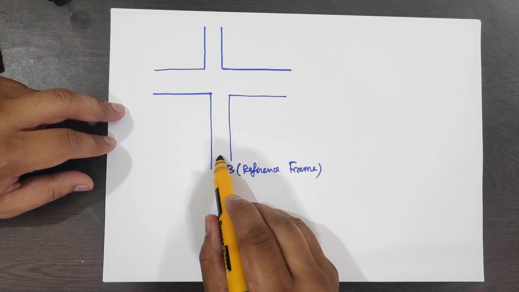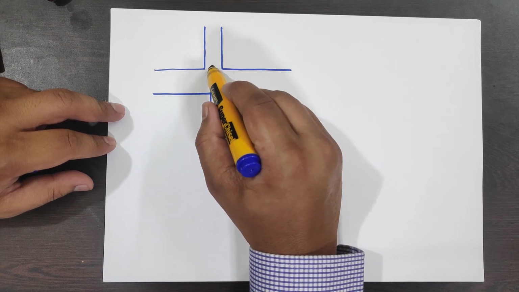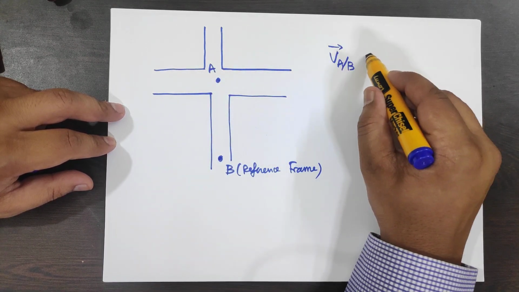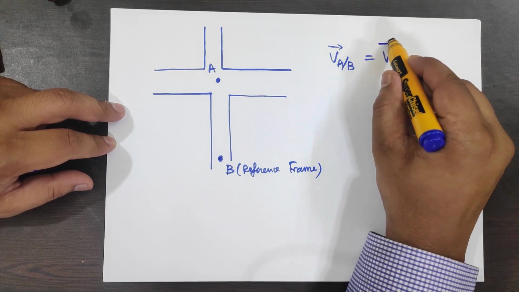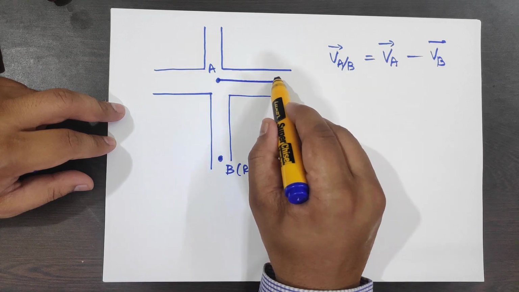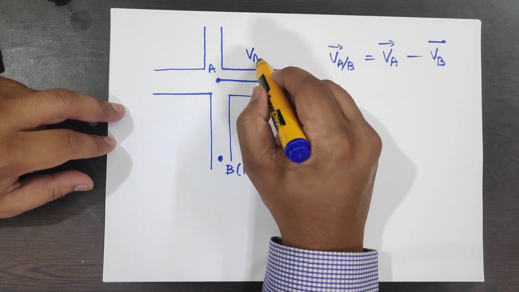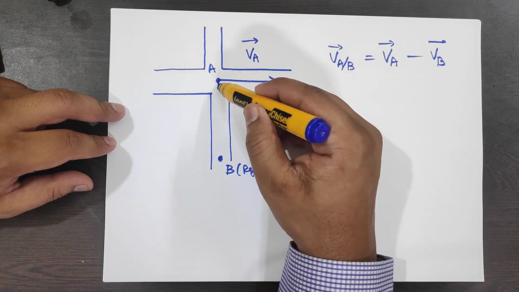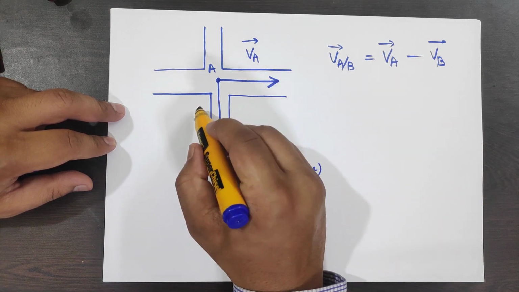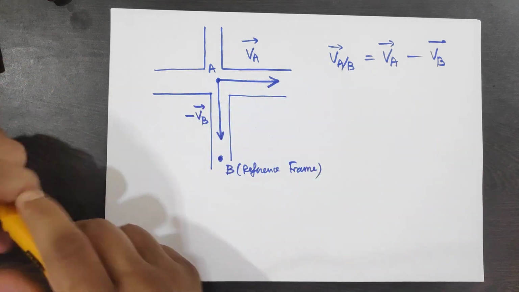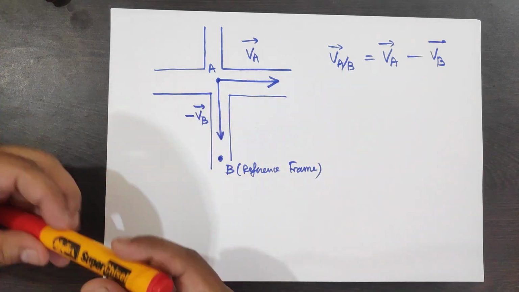So with respect to car B, car A is at rest. Now this is car A. Velocity of A with respect to B will be velocity of A minus velocity of B. Now this is velocity of A vector, and velocity of B is there, so minus of velocity of B is this way, minus VB, while the magnitudes will remain the same even if it is subtracted.